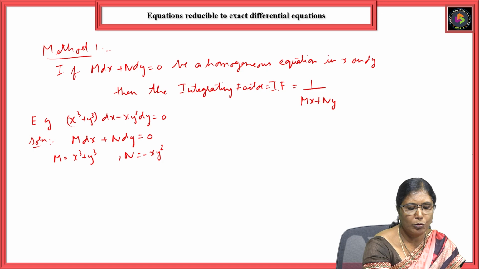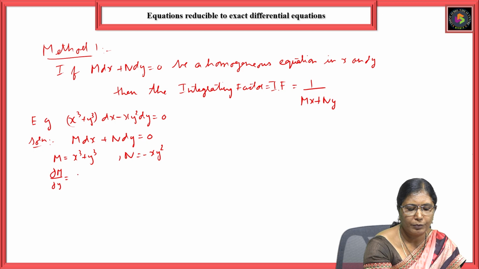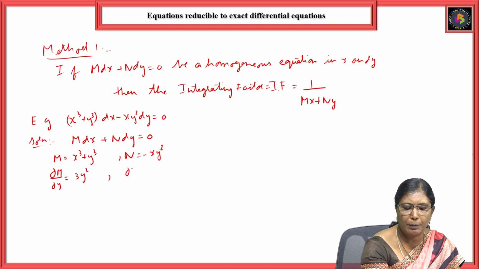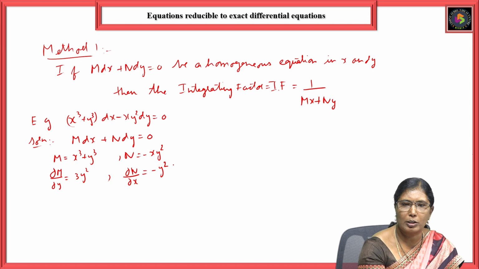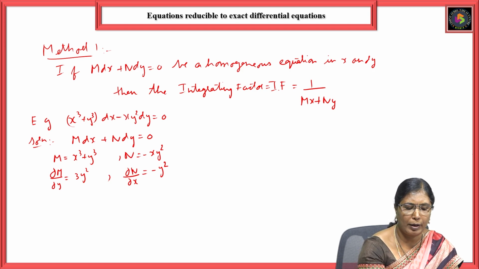Now you should check whether it is exact. Differentiate M partially with respect to y: dou M by dou y is equal to, x is constant, so you get here 3y square. Differentiate N partially with respect to x: dou N by dou x is equal to minus y square. Now check here, dou M by dou y is not equal to dou N by dou x.